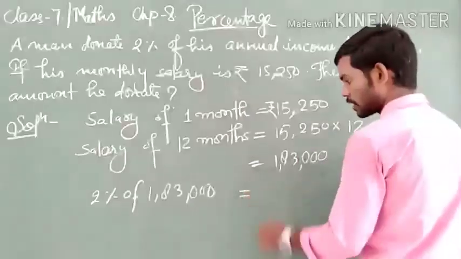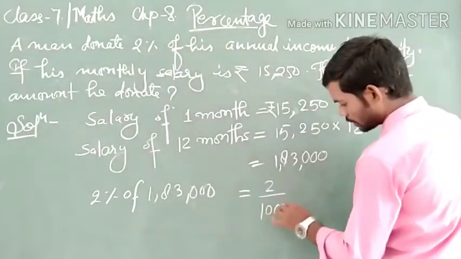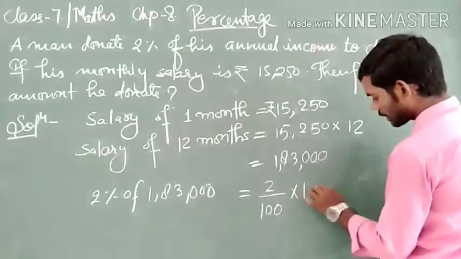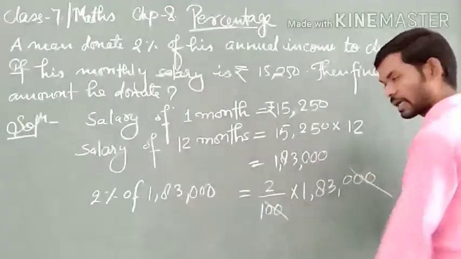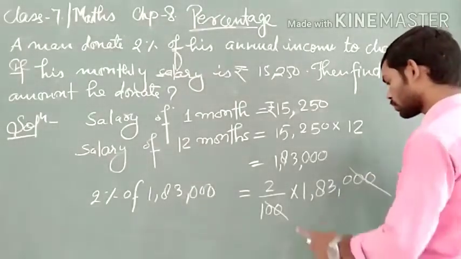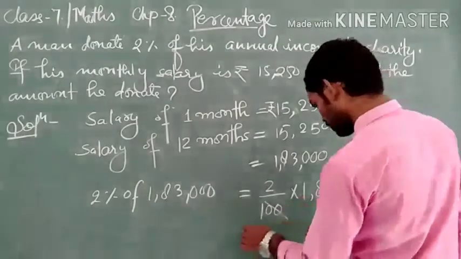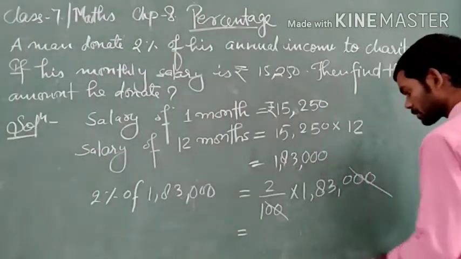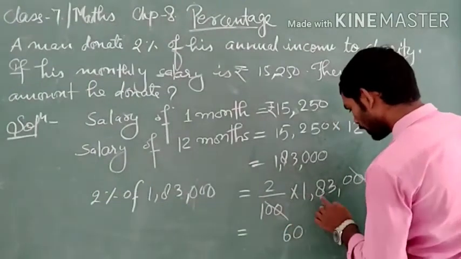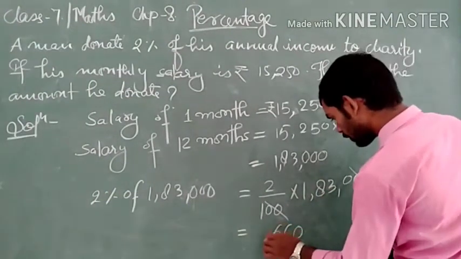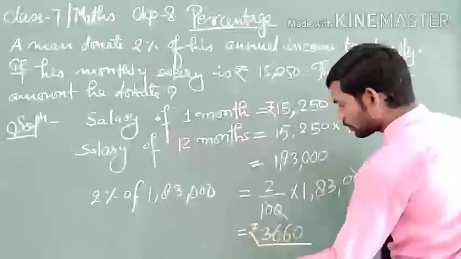So this will be equal to 2 upon 100 multiplied by 1,83,000, and here the zeros get cancelled out, and here we get 0, 2 times 3 is 6, 2 times 8 is 16, carry 1, 2 times 1 is 2 and 1 is 3.